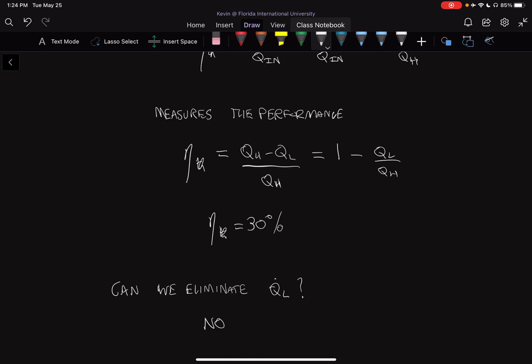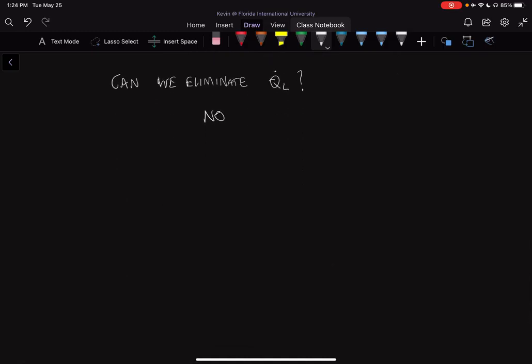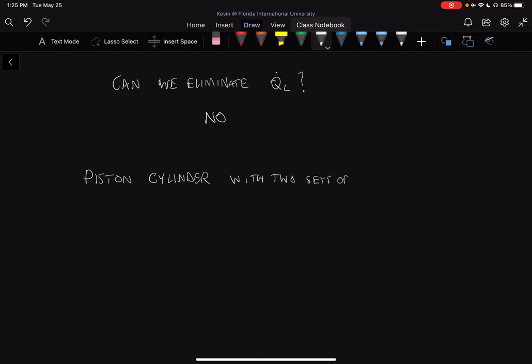So we can demonstrate this with a simple heat engine, which would be a piston cylinder with two sets of stops. And we're going to see if it's possible for us to not have any QL in our system. So let's start with a piston cylinder.